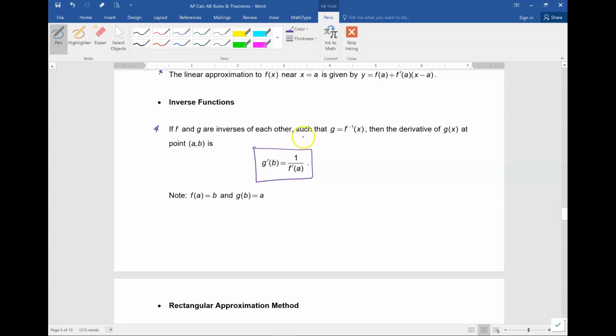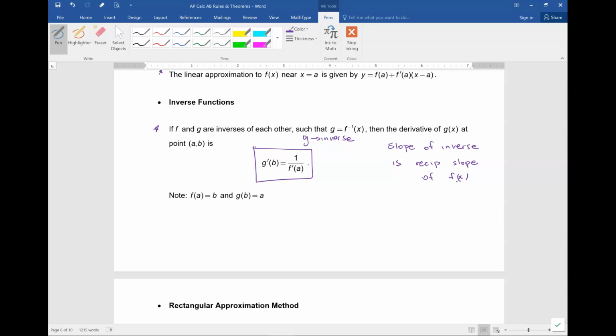So if g is the inverse, remember that the slope of the inverse, at least, is the reciprocal of the slope of f of x, right? Because slope is rise over run. Inverse always switches x and y, so it'll be run over rise, so it'll be the reciprocal.